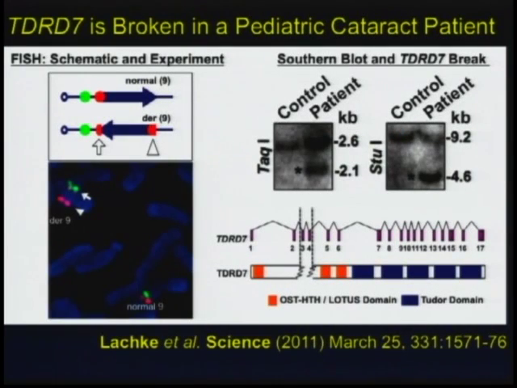So coming back to our patient, was our prediction right? Was Tdrd7 really broken in DGAP 186, the patient with cataract? We performed fluorescent in situ hybridization analysis. This is a reference showing a reference probe in green and a Tdrd7 specific probe in red.